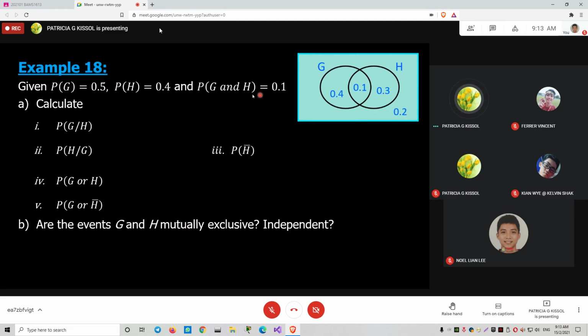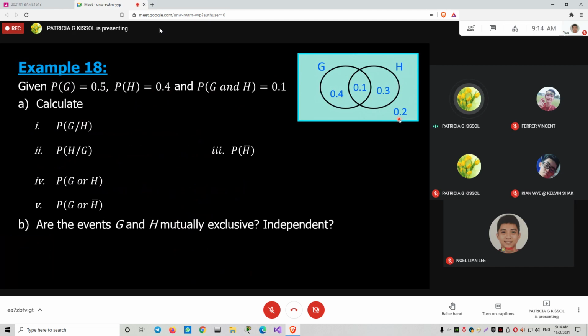As you can see, probability of H is 0.4, but because of the shared area of 0.1, it's 0.3 on the area enclosed for H only. And as you know, the total area of probability is equal to 1, and hence 0.4 plus 0.1 plus 0.3 is a total of 0.8, and that's why we can conclude that outside is only 0.2.